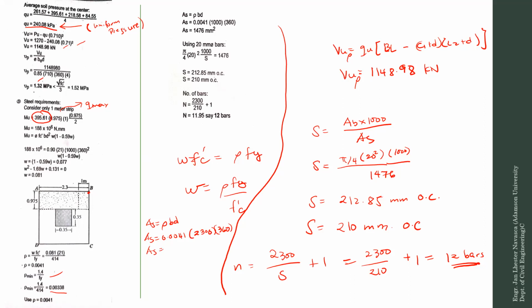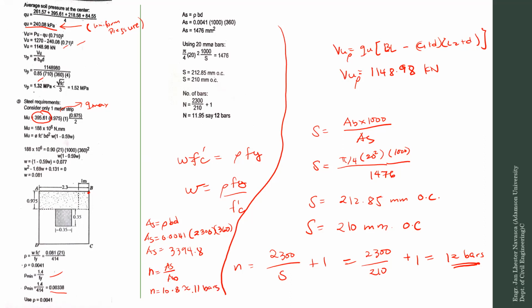That is 3394.8. Okay, so divide it by AB to get your n. That is AS over AB, which is equals to 10.8 and approximately 11 pieces, 11 bars.